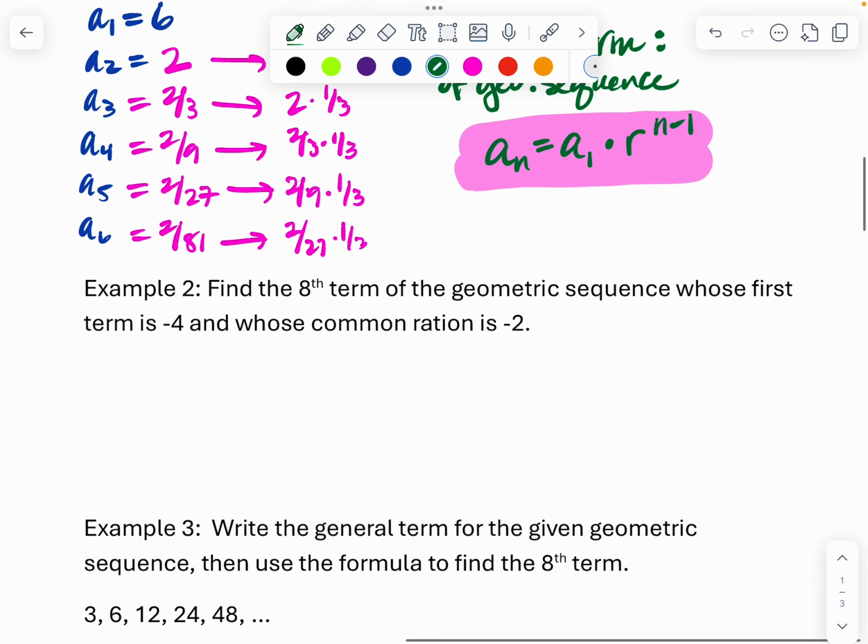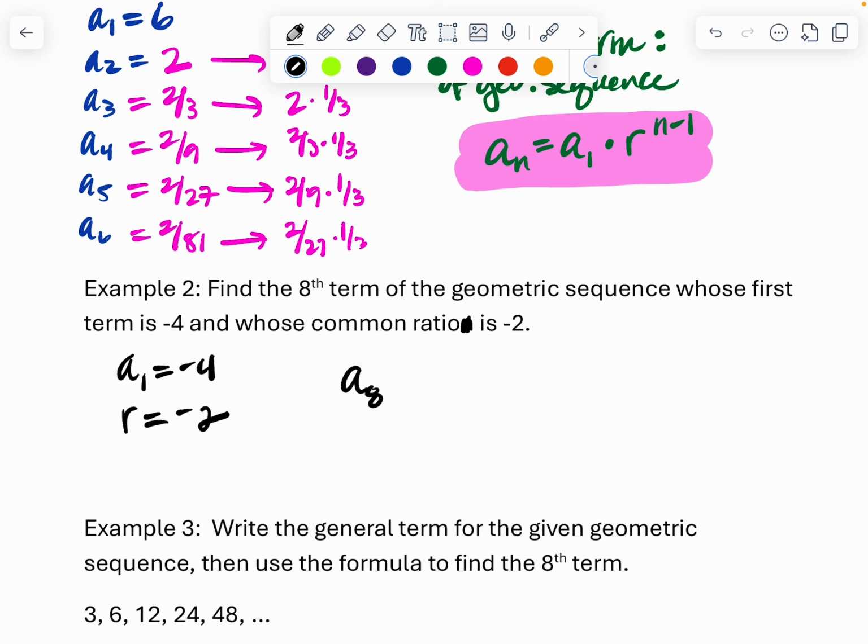Example 2: find the 8th term of the geometric sequence whose first term is -4. We know A sub 1 is -4, and the common ratio is -2. To find the 8th term, we're looking for A sub 8.